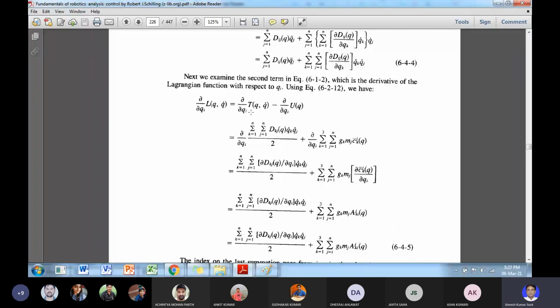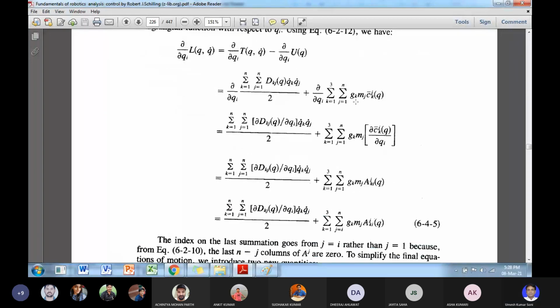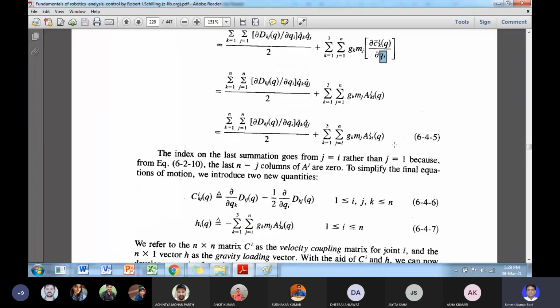You have kinetic energy, and you take the derivative of kinetic energy with respect to q_i dot. Simply you will differentiate the d_kj(q) with respect to q_i dot, and the remaining elements will be there, and here the potential energy term, c_k cube, is differentiated with respect to q_i.